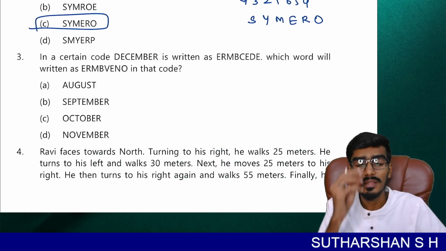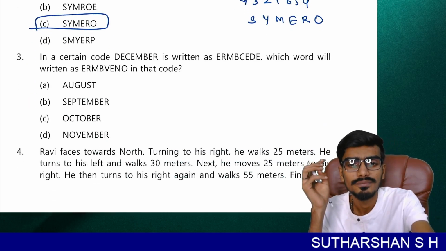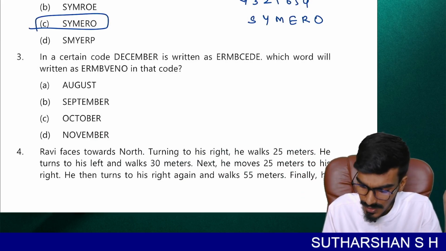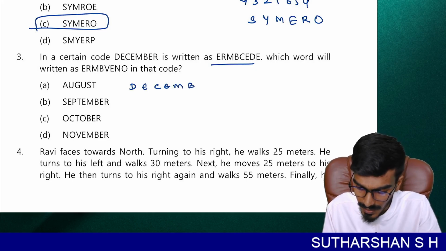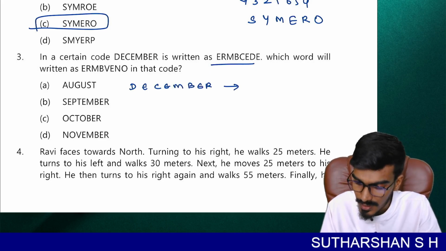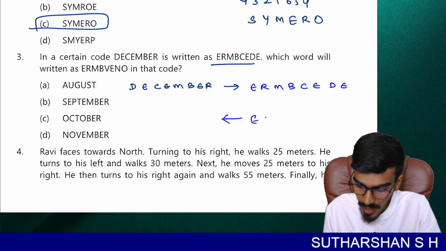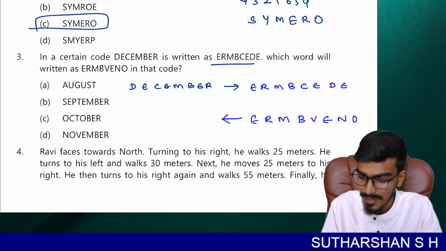Now come to question number 3. In a certain code, DECEMBER is written as ERMBCEDE. Which word will be written as ERMBVENO? That's what they are asking, the reverse part.